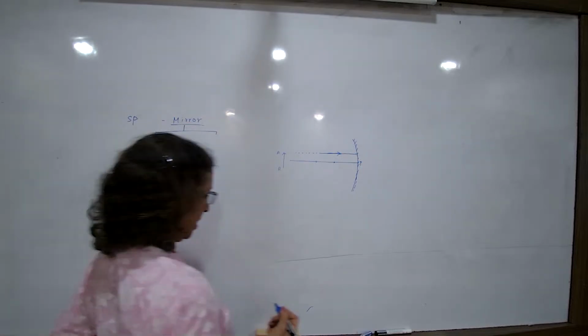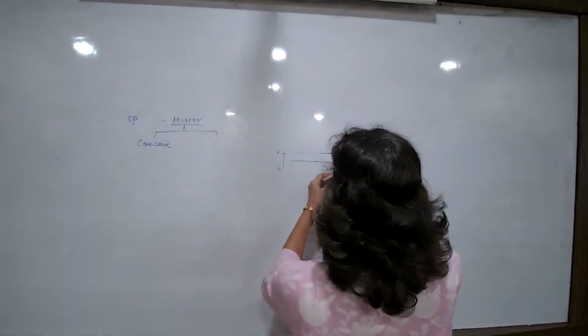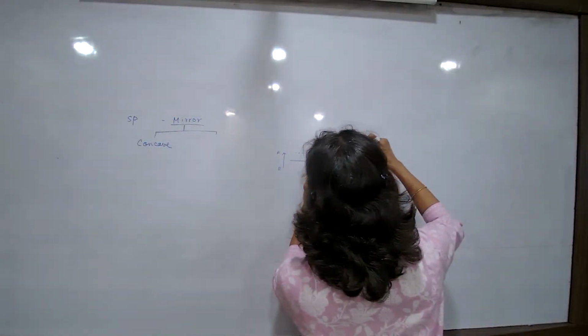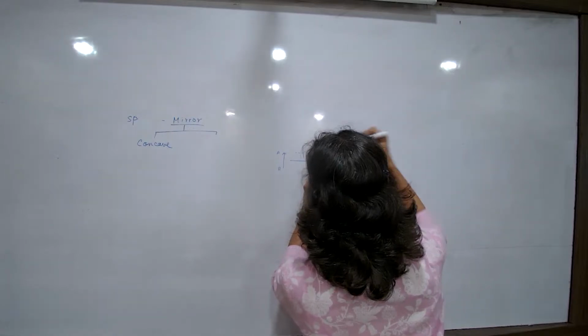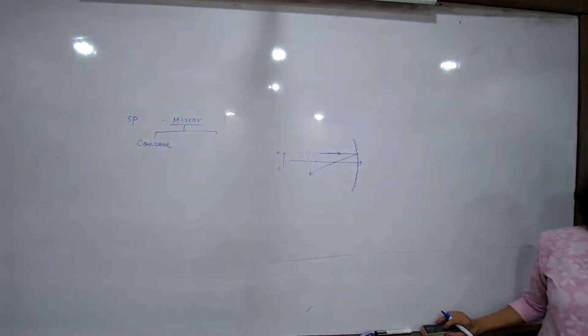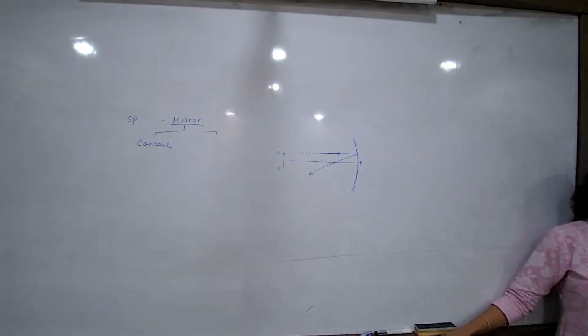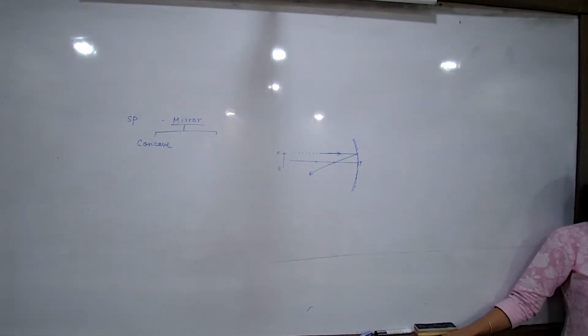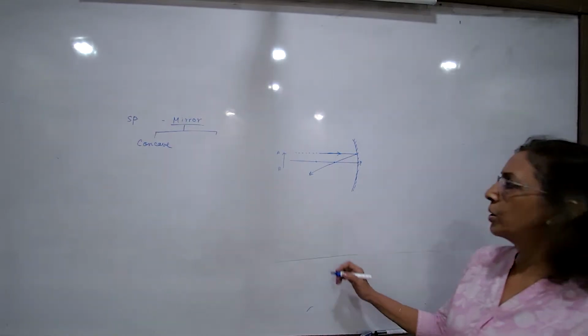After reflection, it has to pass through F. Same thing you will draw below.